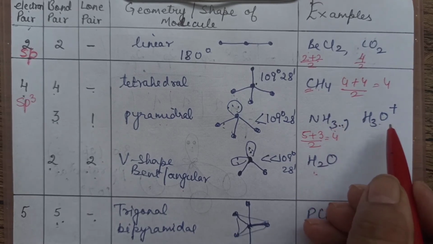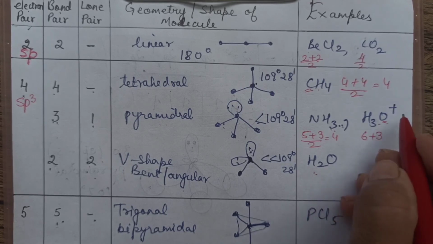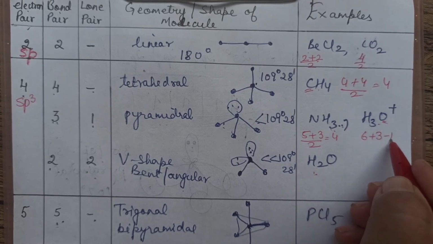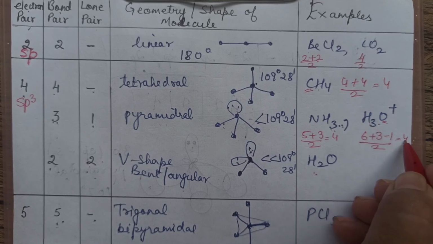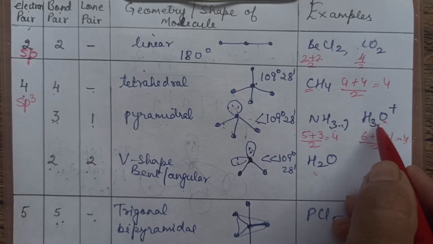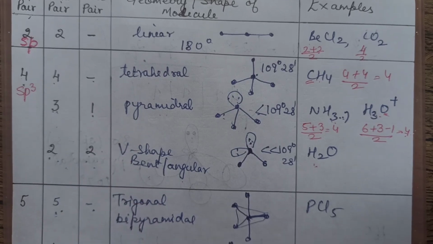For this one also you check, central is O. So 6 plus 3 surrounding plus charge, we will write minus. Reverse we have to write. Again you are getting answer as 4. So sp3, but the difference is 1. So 1 lone pair. This is pyramidal geometry. So you can note down the examples, the shapes and all.